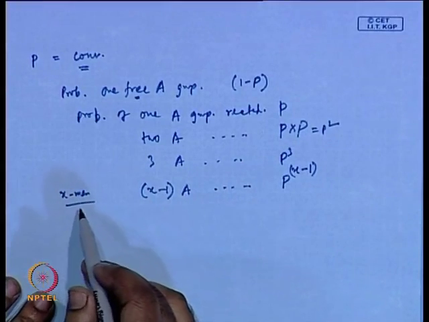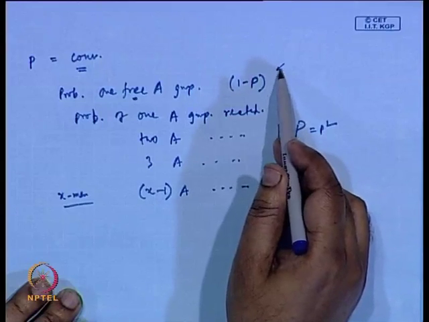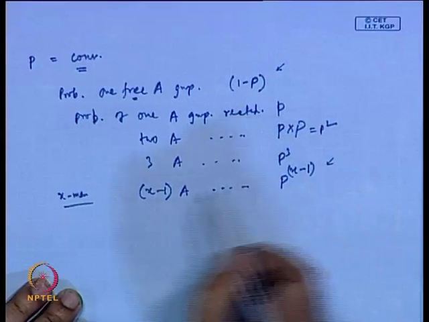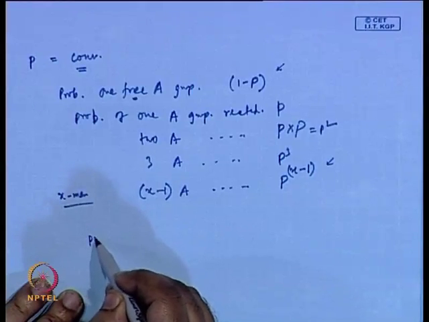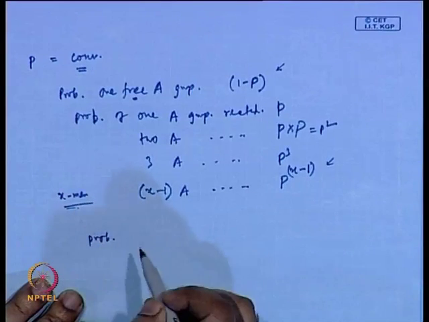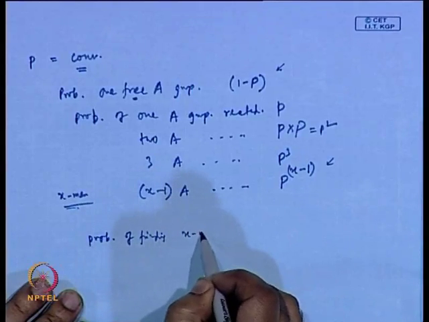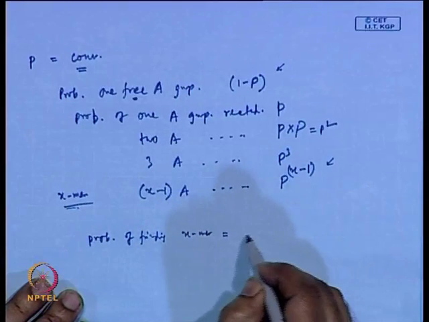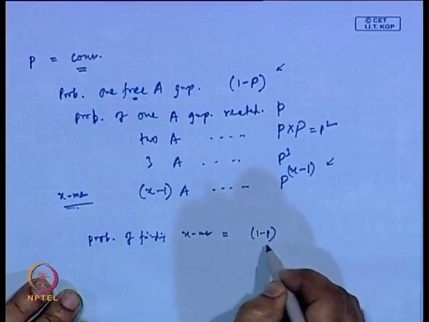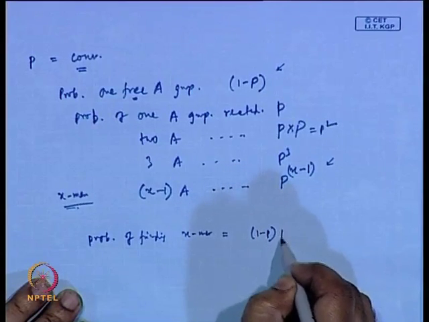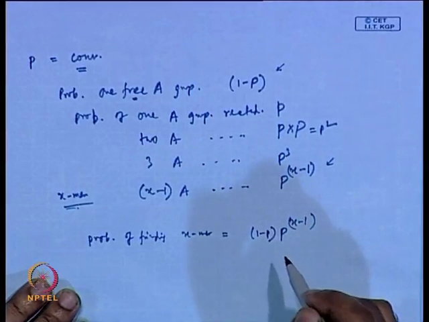So, in case of an x-mer which has one free A group and x minus 1 A groups which are reacted, the probability of finding such an x-mer is given by the product of these two probabilities: 1 minus p, p to the power x minus 1.